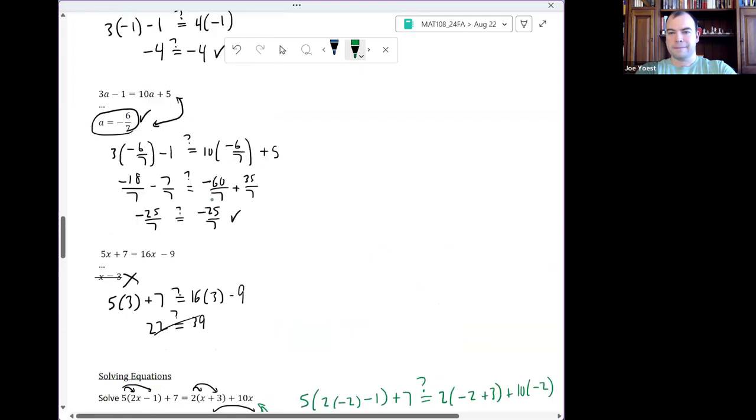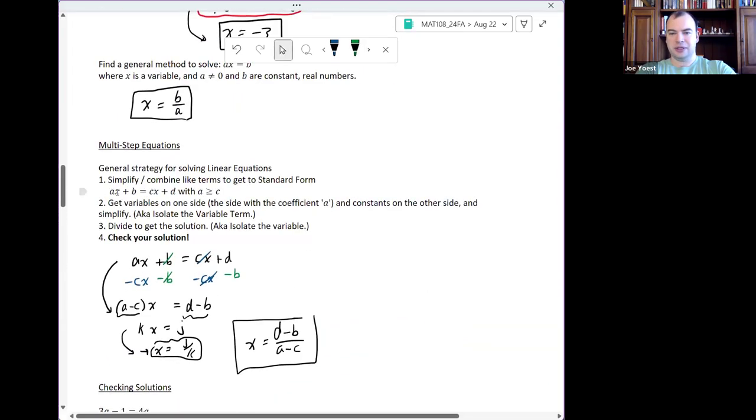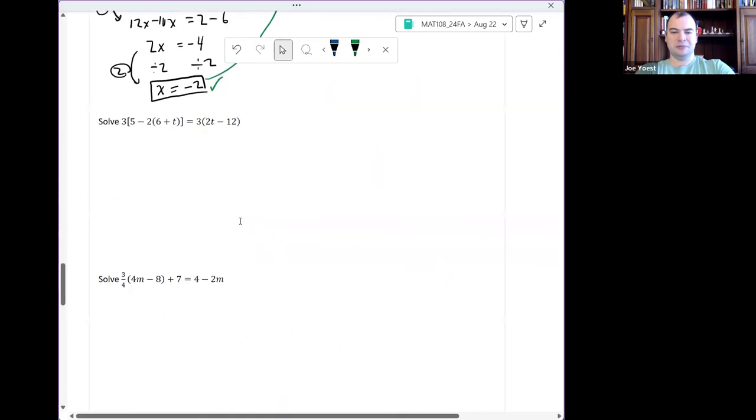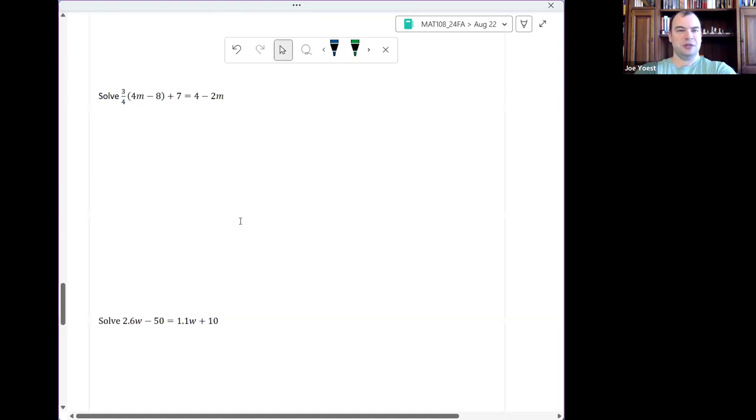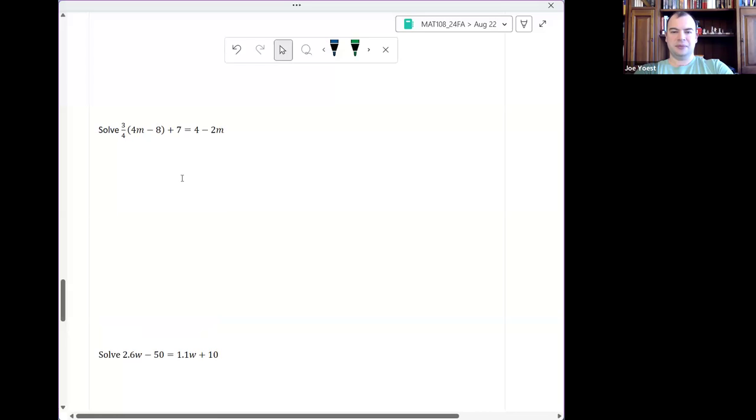I'll end up with a linear equation in this form, but where a, b, c, and d are integers instead of having some fractions. So that's certainly a useful thing to do in many cases, and in the next problem, we'll actually do that. But here I actually notice something, right?